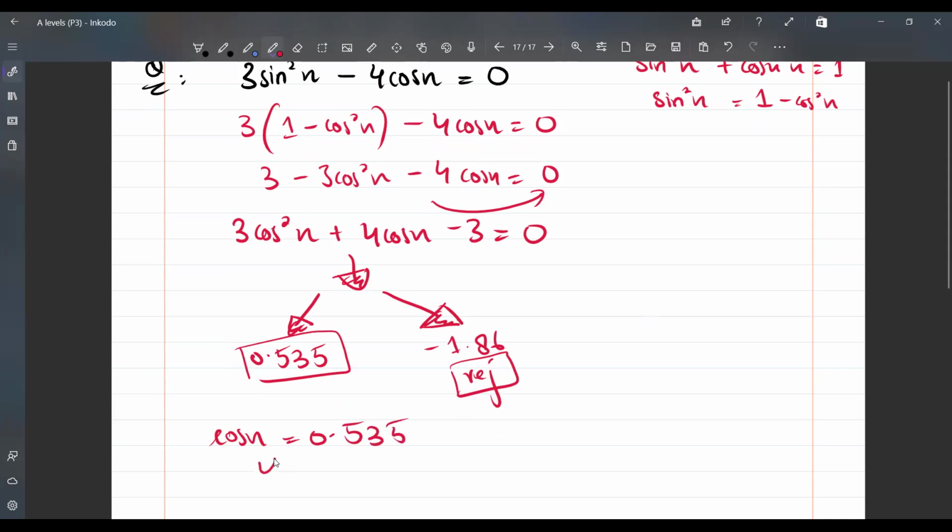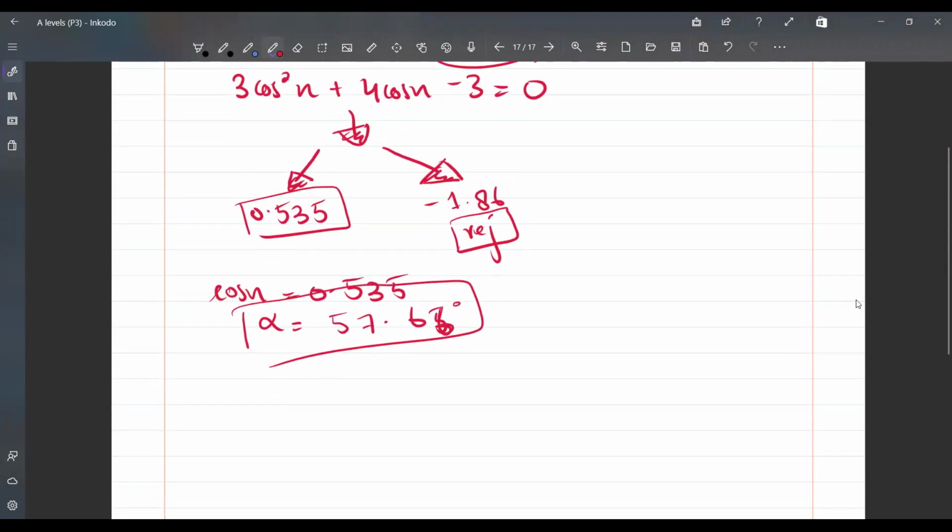And the basic angle would be cos inverse of 0.535, which will be 57.66 degrees.